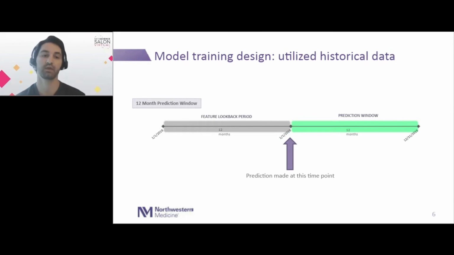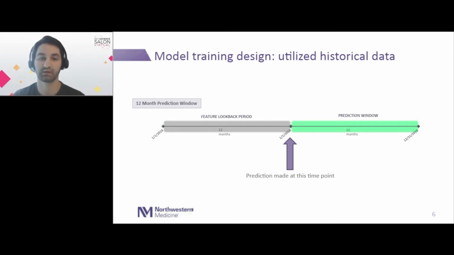The way we decided to design this model was we took a 2-year window. We started on 1/1 of 2018 and gathered data all the way to 12/31/2019, and basically split that time in half. At that point, we're going to say that's our prediction point. We use the 2018 data as our look back period, and then we use 2019 as our prediction window.